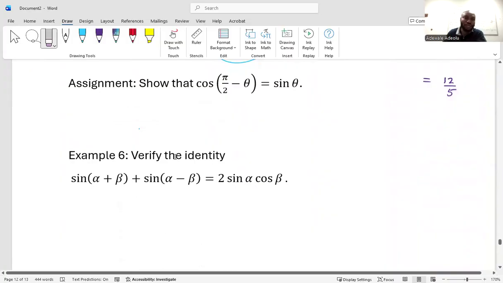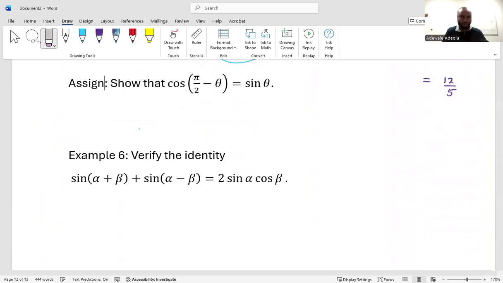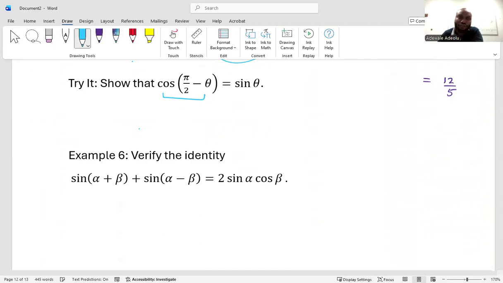So you have some tries here. Show that cosine of pi over 2 minus theta equals sine theta.